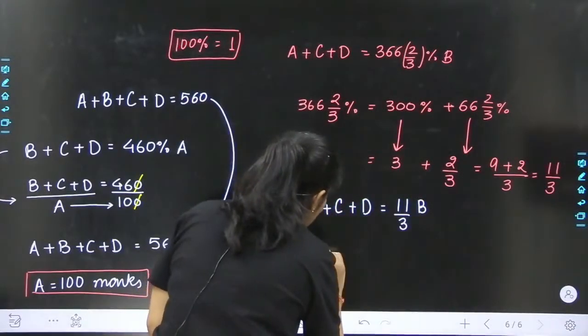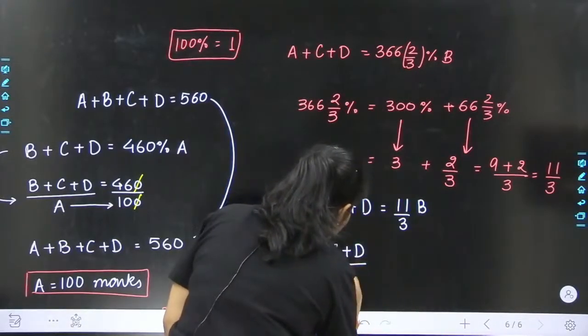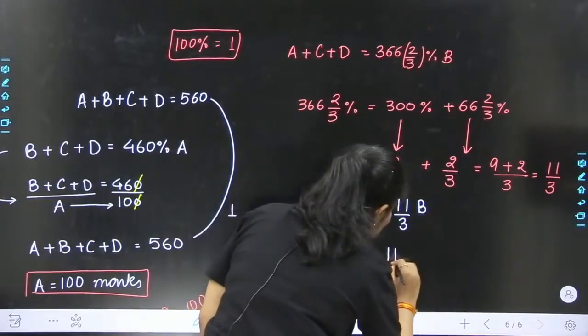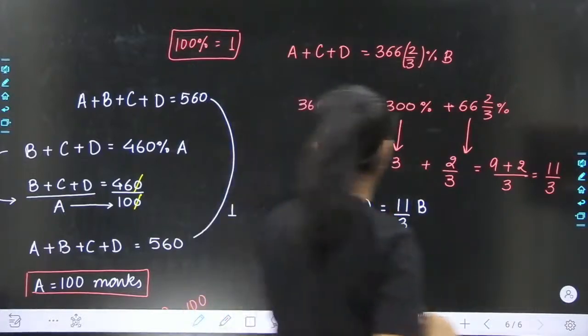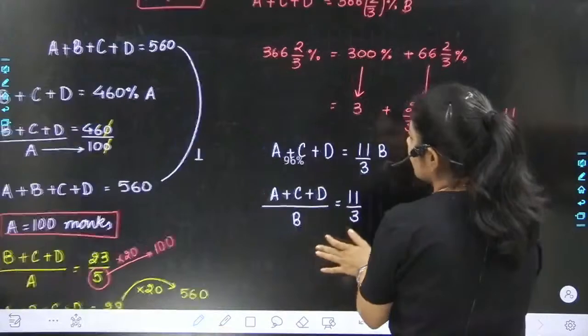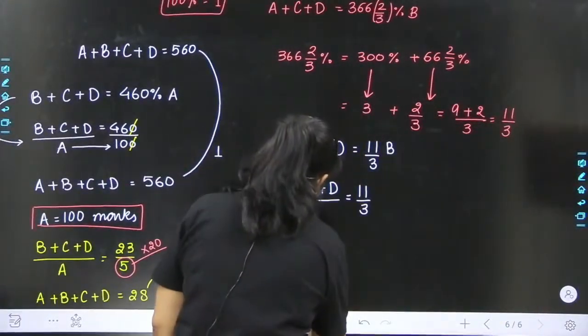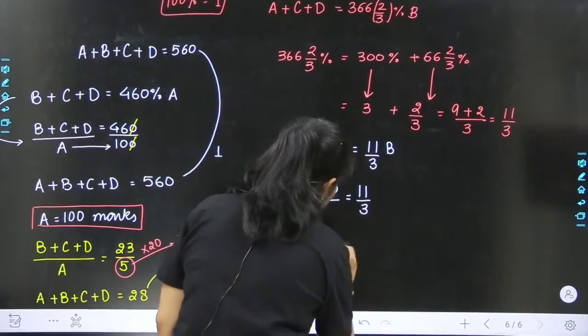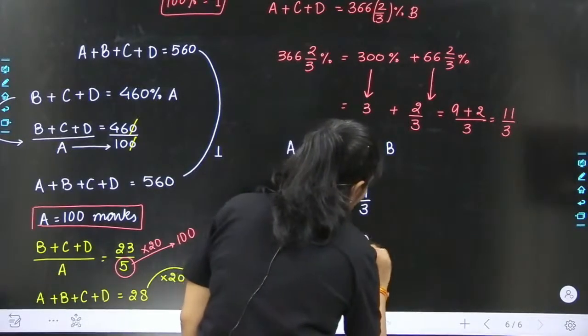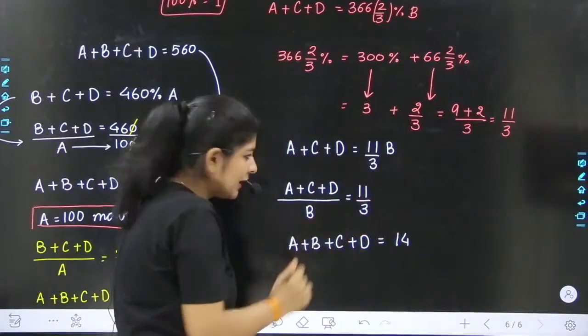What I'll get is A plus C plus D divided by B, that is equal to 11 by 3. So from this equation, A plus B plus C plus D all together can score 11 plus 3, 14 marks.